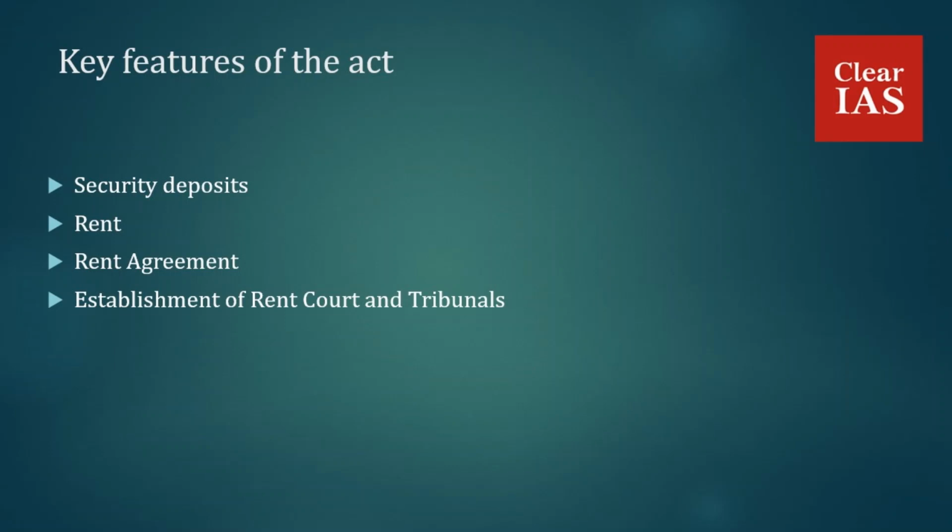A 2-month security deposit will also not be enough to compensate the landlord if significant damage has been done to the property. The second point is the act seeks to penalize tenants for refusing to move out of their rental properties after the agreed upon rental period expires. The landlord will be able to claim double the monthly rent for 2 months and 4 times the monthly rent after that as compensation.